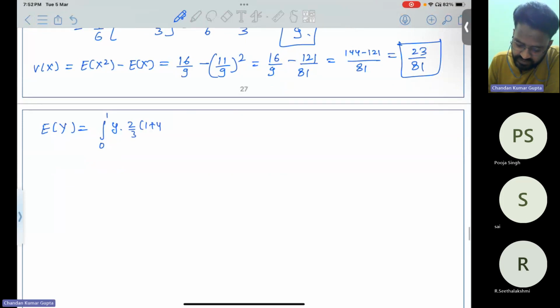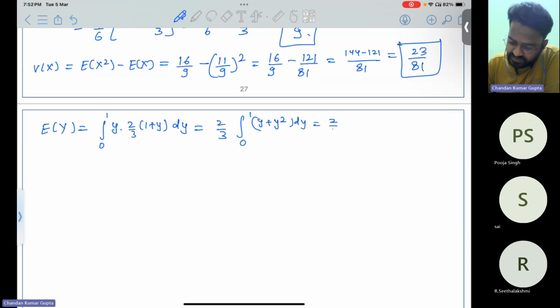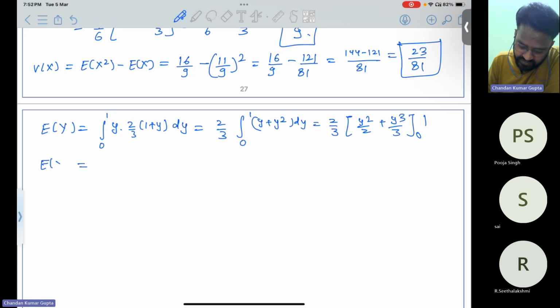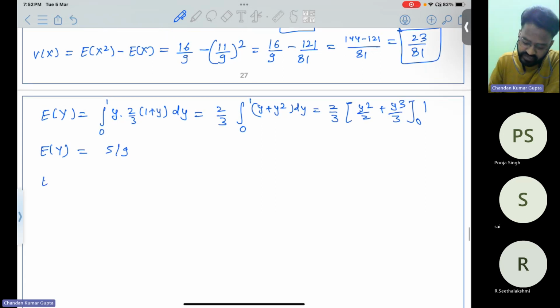After solving this, you may solve this: 0 to 1, y plus y square dy, and then 2 by 3 times y square by 2 plus y cube by 3, 0 to 1. The expected value of y comes out to be 5 by 9. Please solve this, you will get expected value of y equal to 5 by 9.